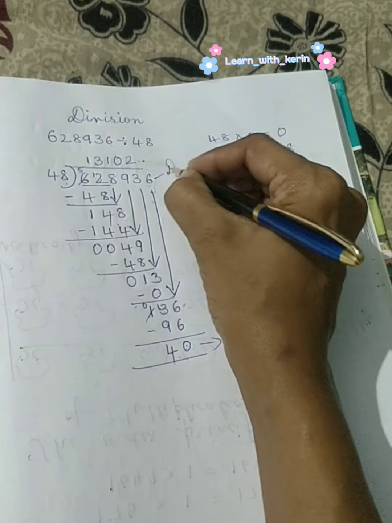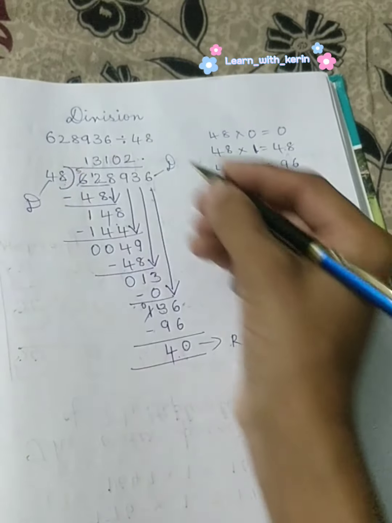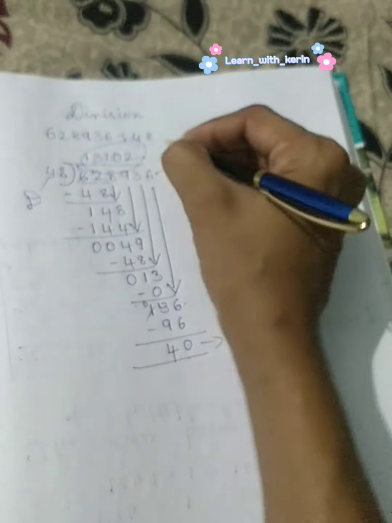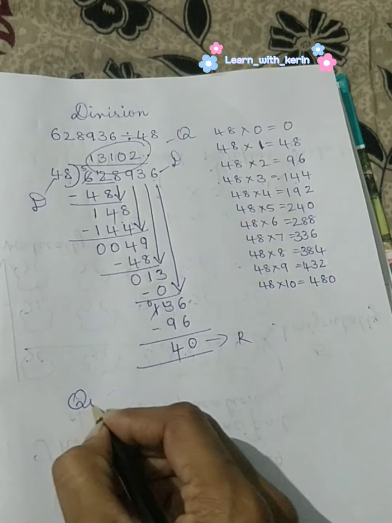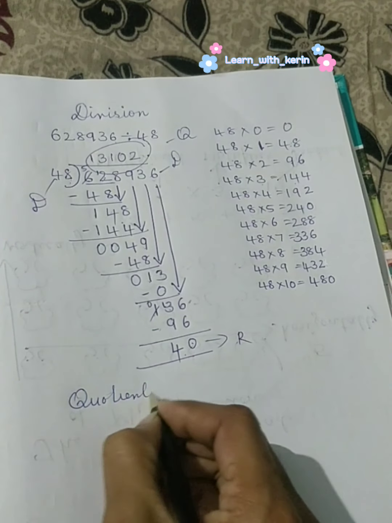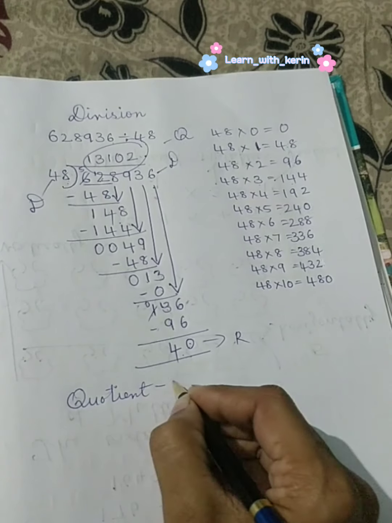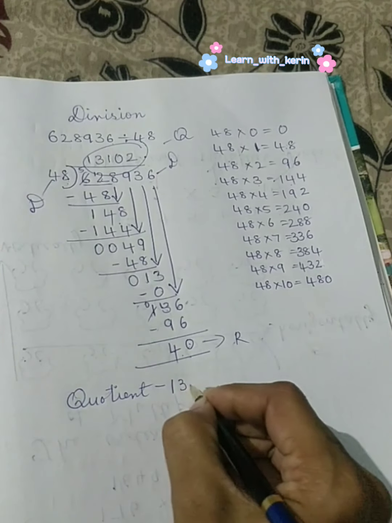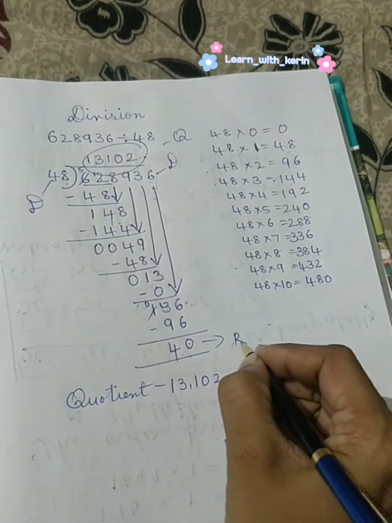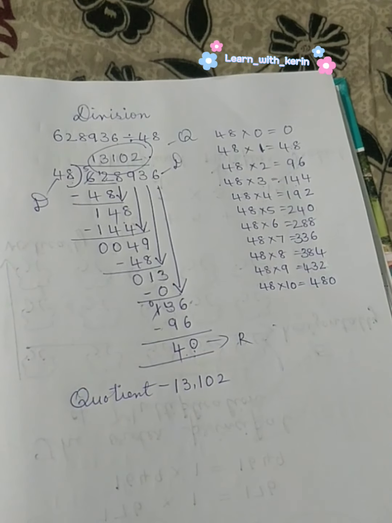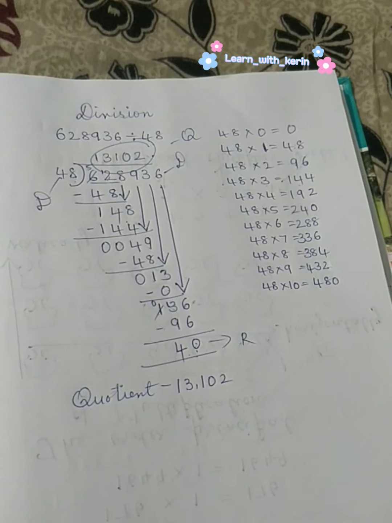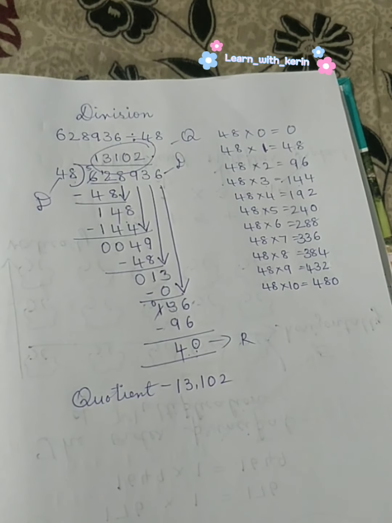This number we call it as dividend, divisor, and the answer we found we call it as quotient. Your answer is 13,102 and we got the remainder 40. Hope children you understood as to how to solve division sum. Thank you.